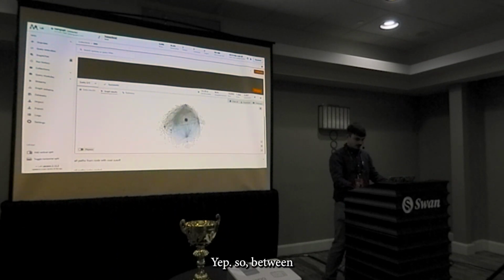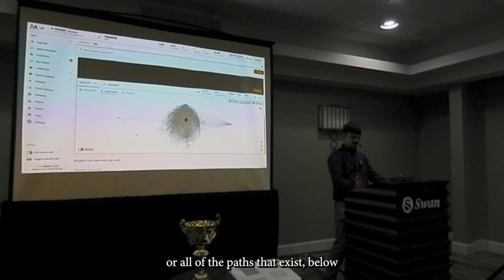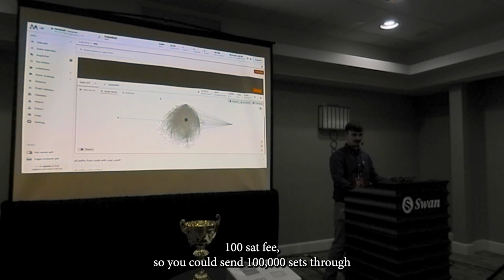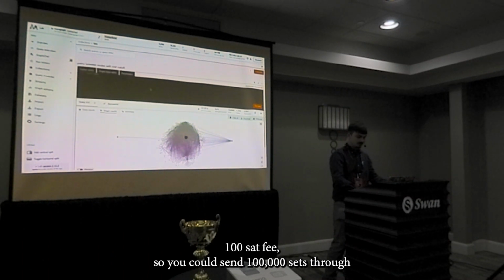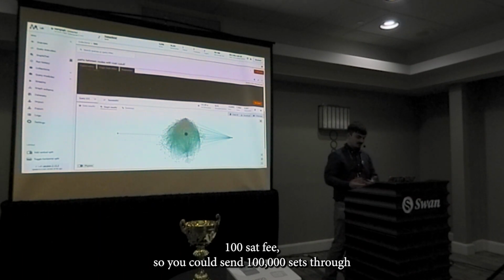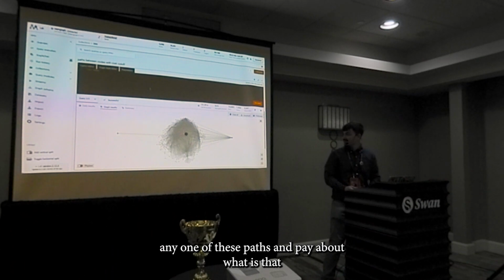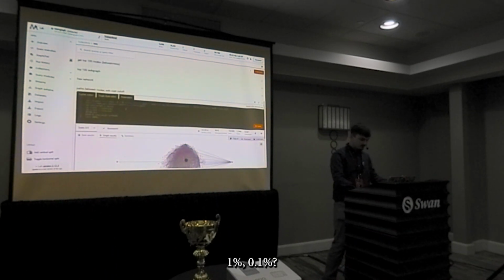Yep. So between the source and destination pair are all of the paths that exist below 100 sats fee. So you could send 100,000 sats through any one of these paths and pay about, what is that, 1%, 0.1%?